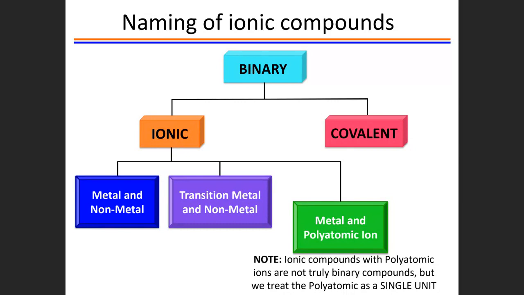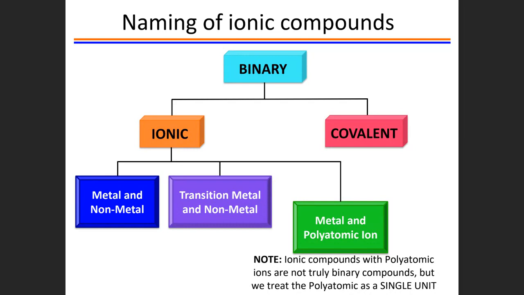Now, naming of ionic compounds. We know the binary and then ionic, and within the binary, we saw the covalent. We already learned about the covalent. Now we will see the ionic compound. Ionic compounds are two types, the regular ionic and the transition metal.